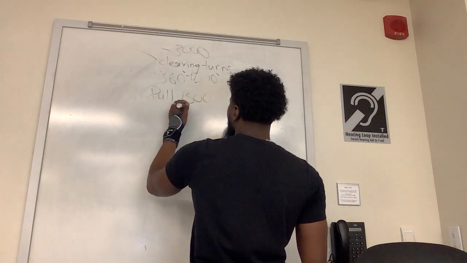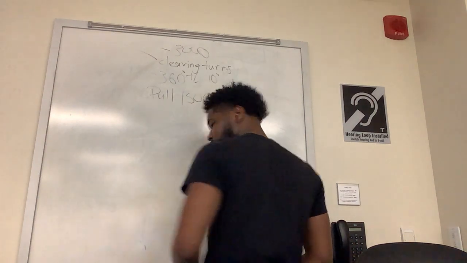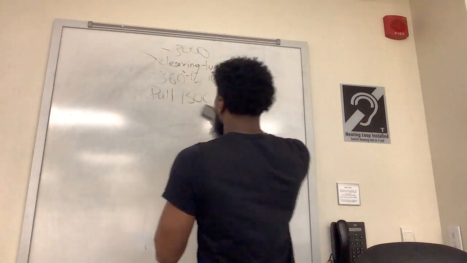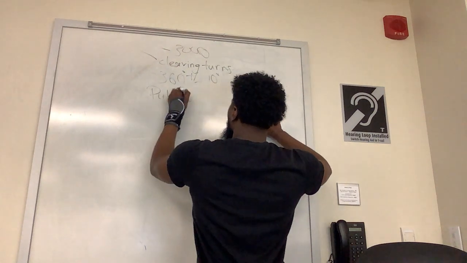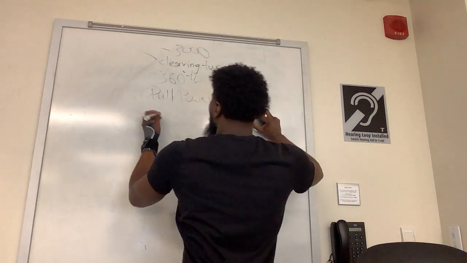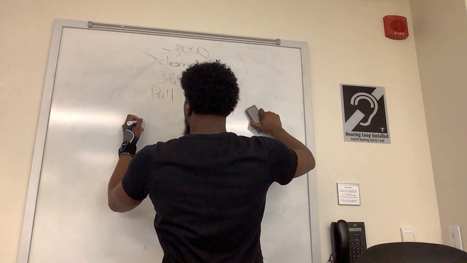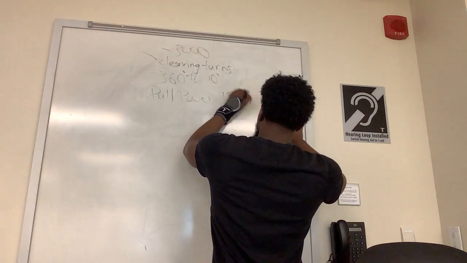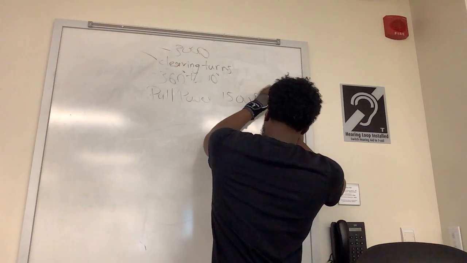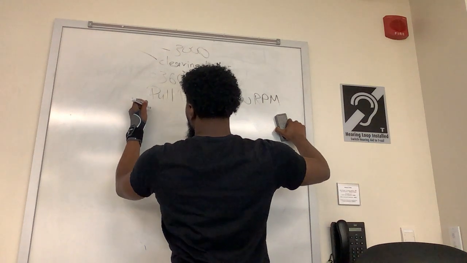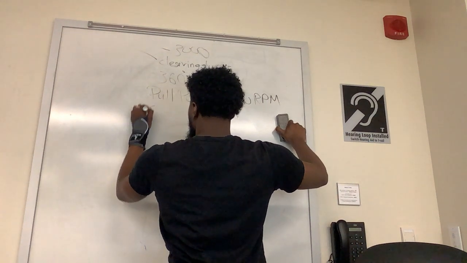You're going to pull power. Pull your power to 1,500 RPM. And then you're going to establish a glide at 66 knots.